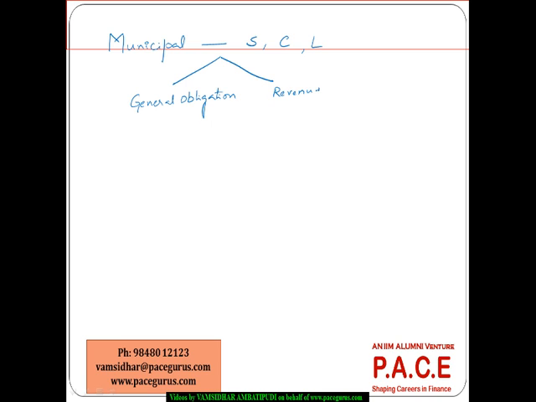Now, revenue bonds are more associated with bonds that are issued to finance some exclusive projects. So the revenue that comes out from these projects is used to pay for the bonds. No other source of revenue of the government is used to pay for these bonds. So the performance of the project is very important.